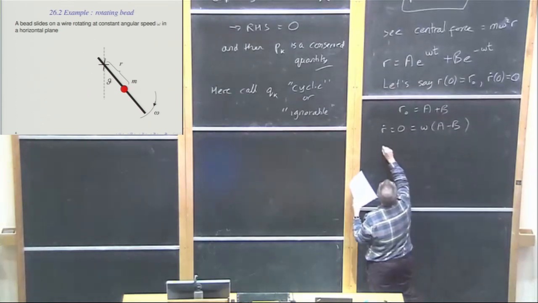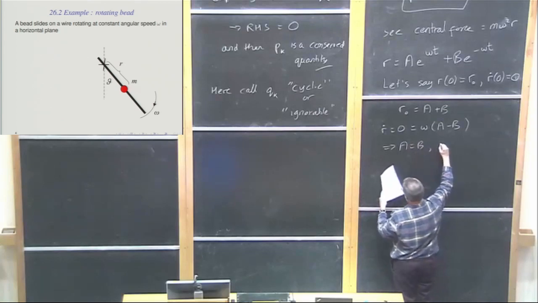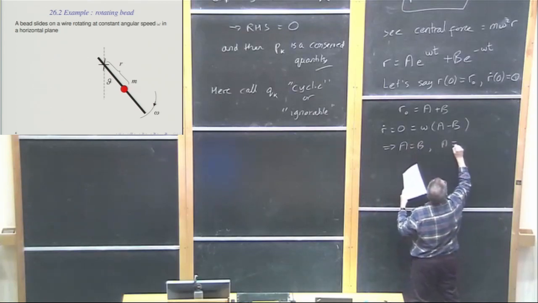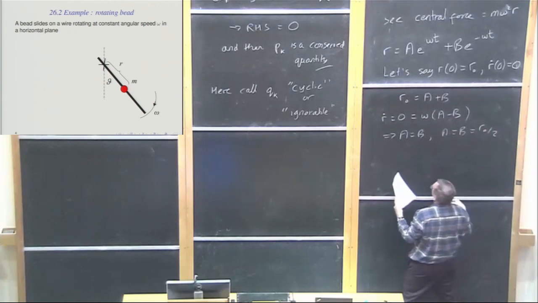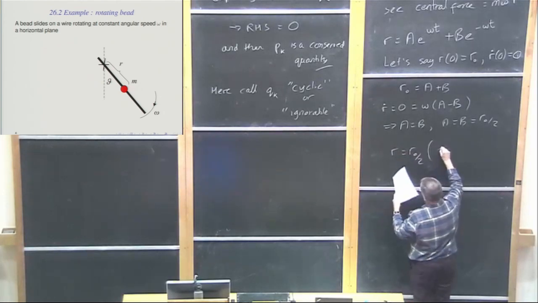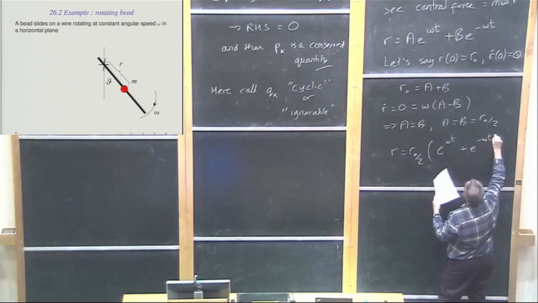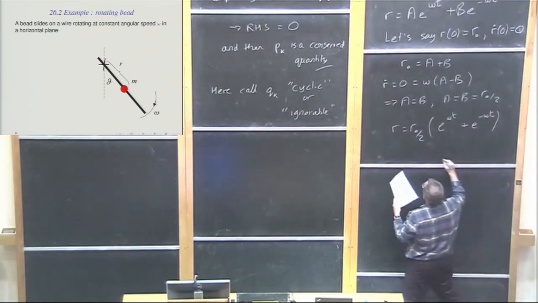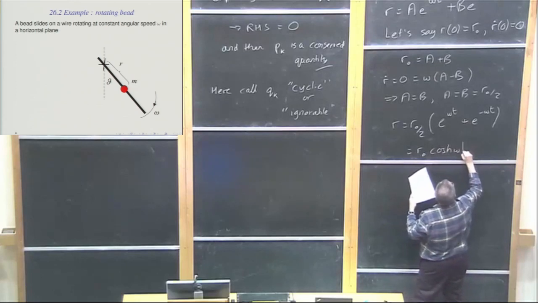And from this we see that A is equal to B, and A equals B equals r0 over 2. So r is equal to r0 over 2 times e to the omega t plus e to the minus omega t, which if you wish you can write as r0 cosh omega t.